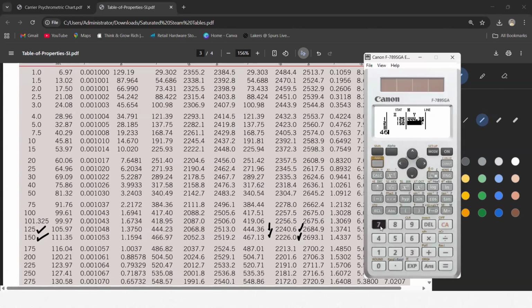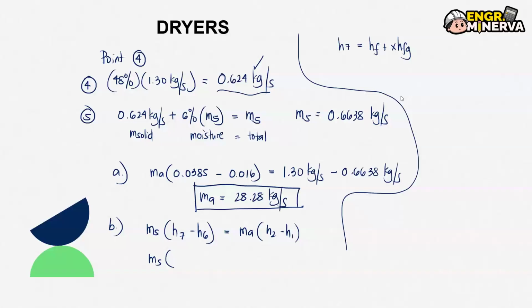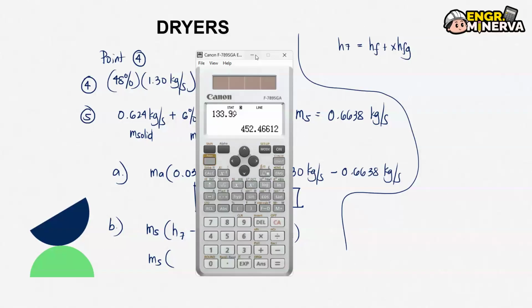Then we can get 133.9 by interpolation. So your HF is 452.4661.